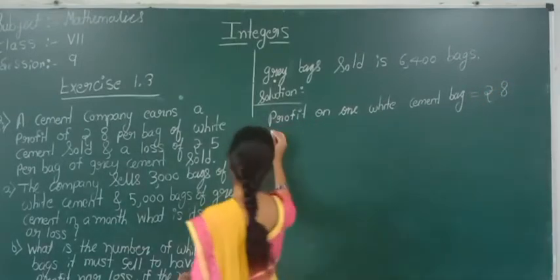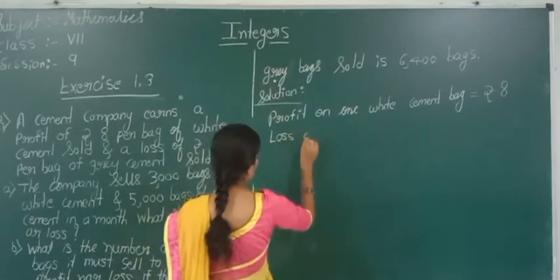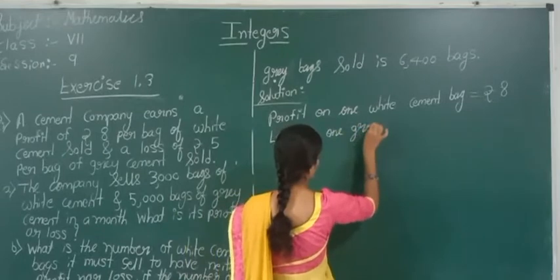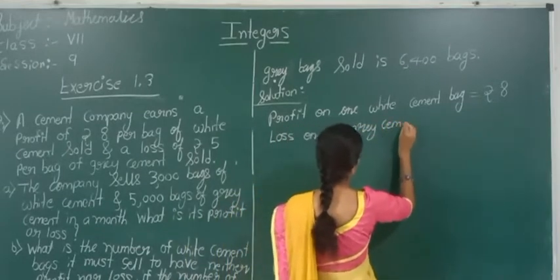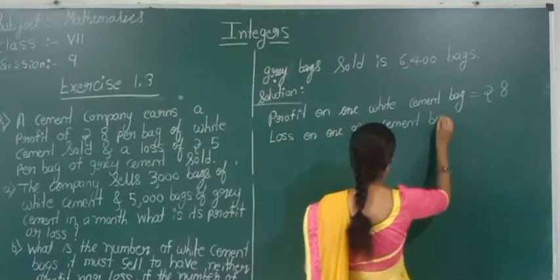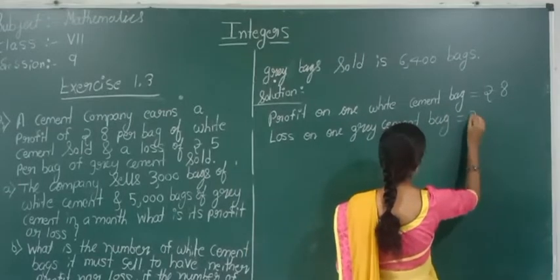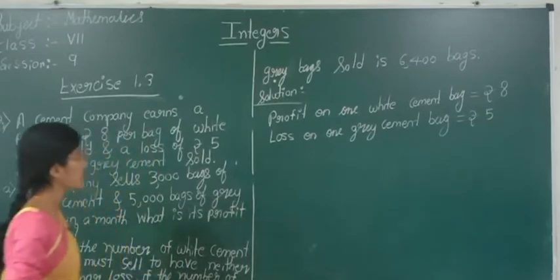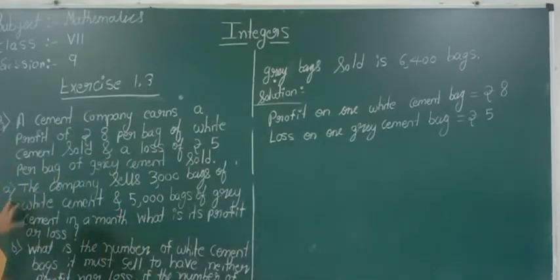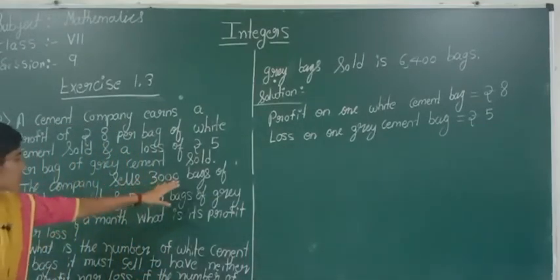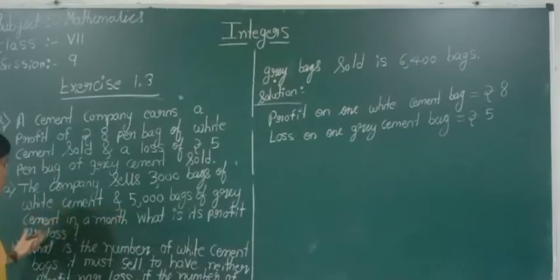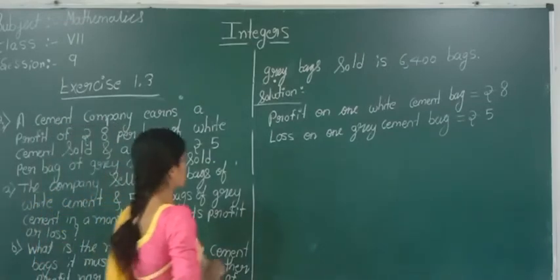Now loss on one grey cement bag, that is rupees 5. Okay. Now we will see the first question. The company sells 3000 bags of white cement and 5000 bags of grey cement in a month. What is its profit or loss? We will see in 8th question A1.